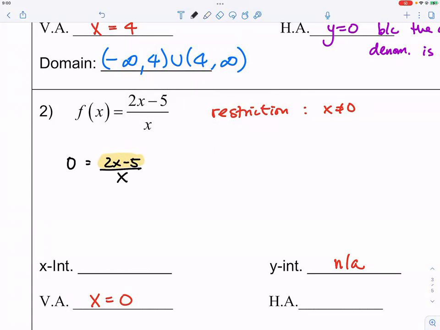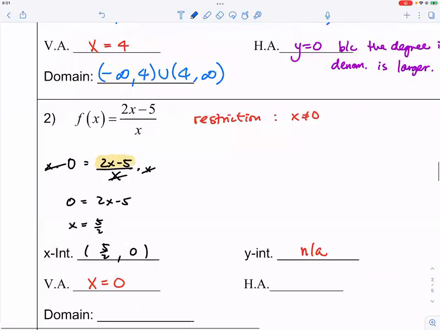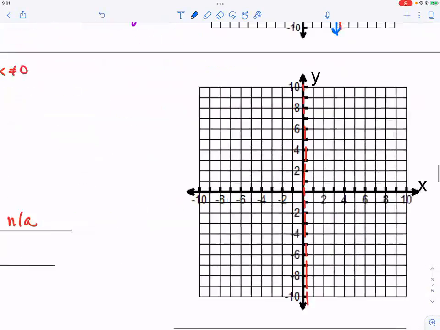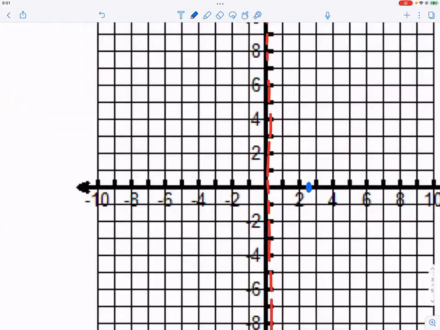Or the other way to think about it is that if you multiply both sides by x, then x gets canceled out, but the left is still 0. So you have 0 is equal to 2x minus 5. So what is x? 5 over 2. So the x-intercept is 5 over 2, or 2.5, comma 0.